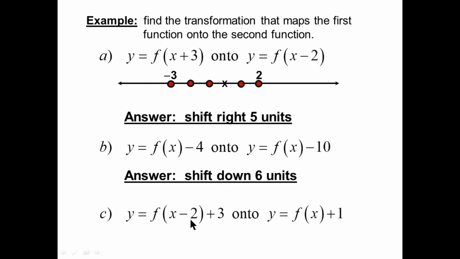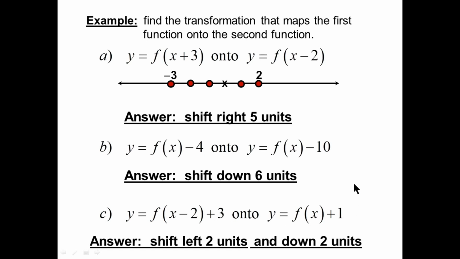If we were 2 to the right of a reference point and 3 above, and we want to go to the actual reference point and then 1 above, let's do the left-right thinking first. If you're 2 to the right and you want to go essentially home, that means shift left 2. And if you're 3 above something and you want to be just 1 above something, you have to go down 2 units. So left 2 and down 2.